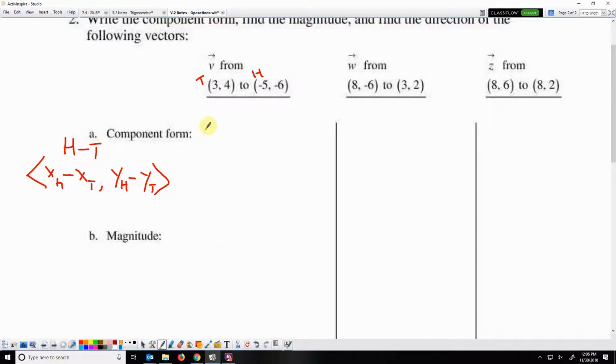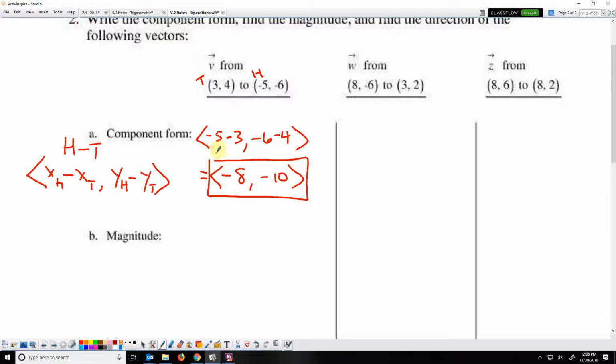Okay, so our x components here, from head to tail, -5 minus 3. And then the y components from head to tail, -6 minus 4. So that gives us -8 and -10. So there is that first vector in component form.